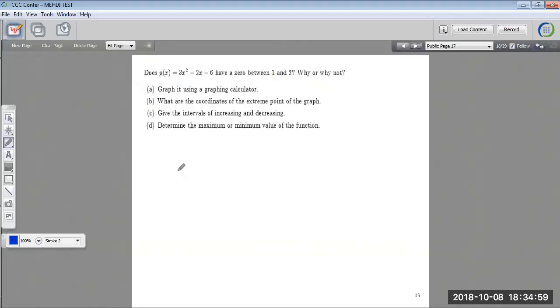Thus, P of x equals 3x squared minus 2x minus 6 has a zero between 1 and 2.